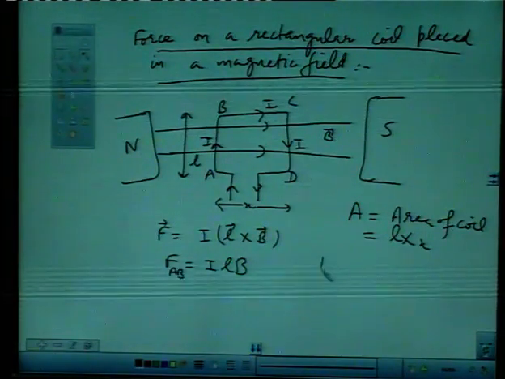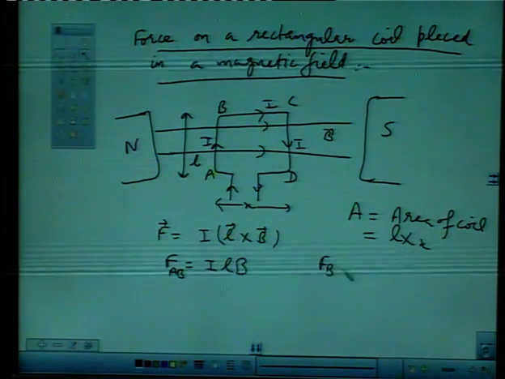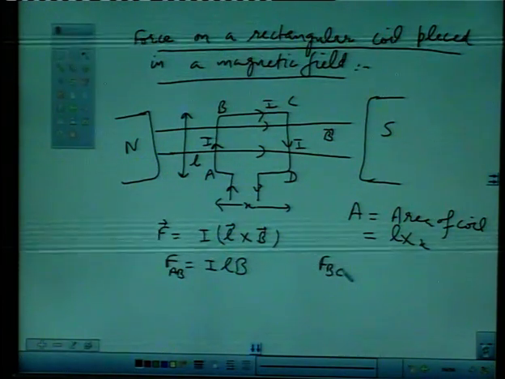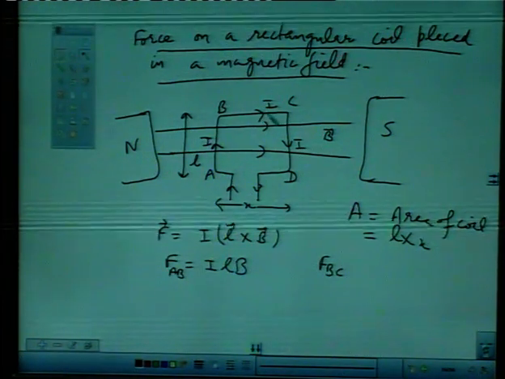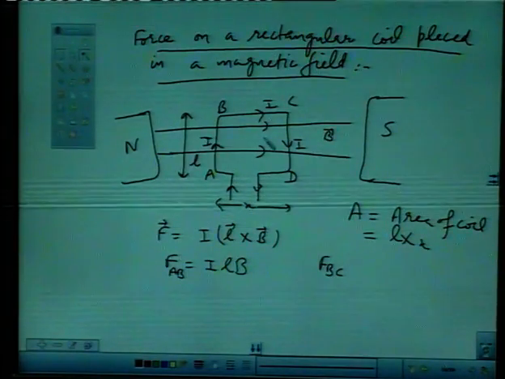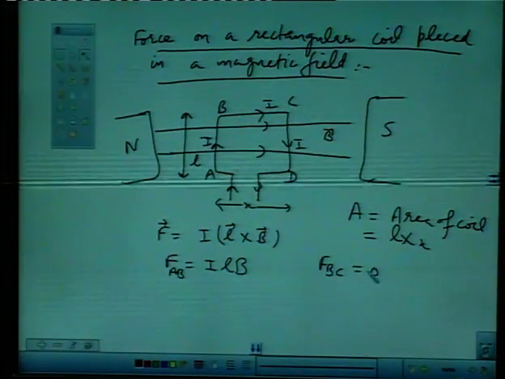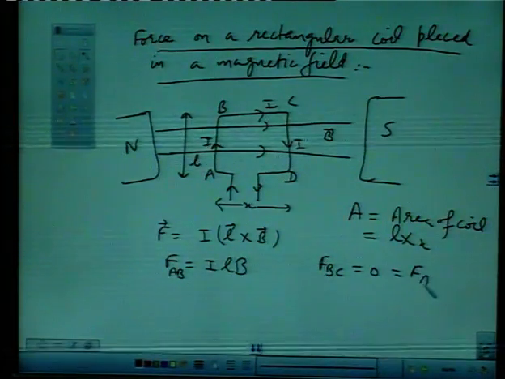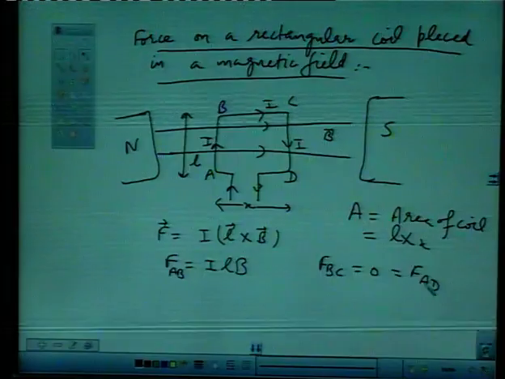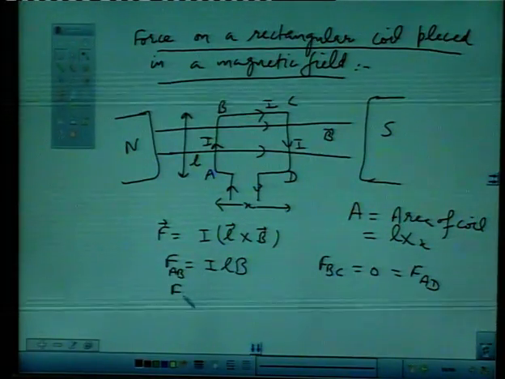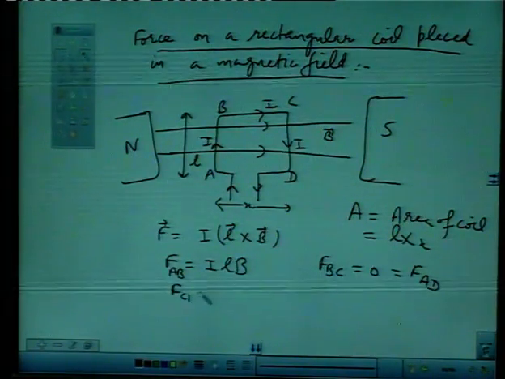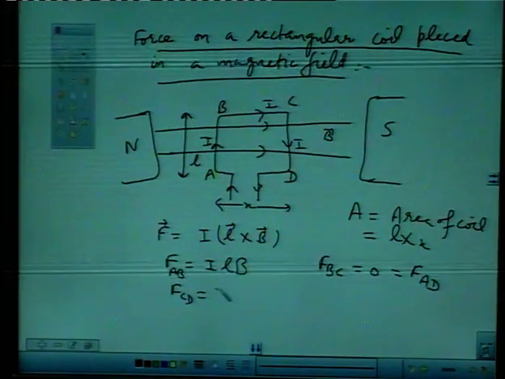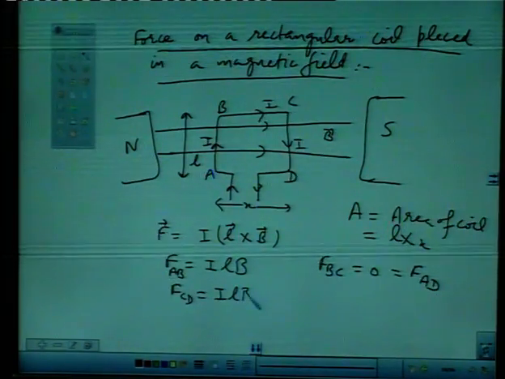If we talk about force acting on the BC side, the direction of current and magnetic field is the same, so this will be 0, and the same is for the side AD. Similarly, the force acting on the side CD will also be equal to I L B.